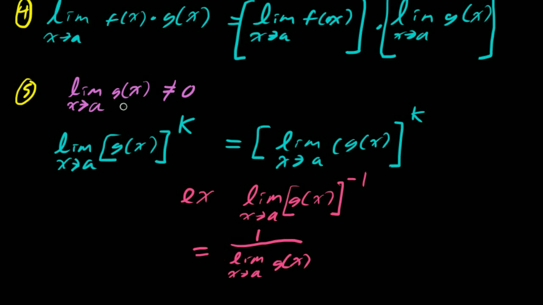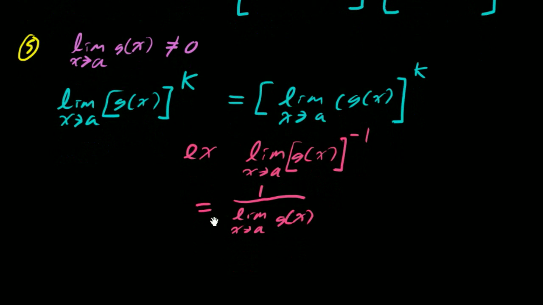We can only say that because we know that this limit isn't equal to 0, right? If it was equal to 0, this wouldn't hold because we'd be dividing by 0. So we need that precondition there. We need that condition that our limit here cannot be equal to 0.